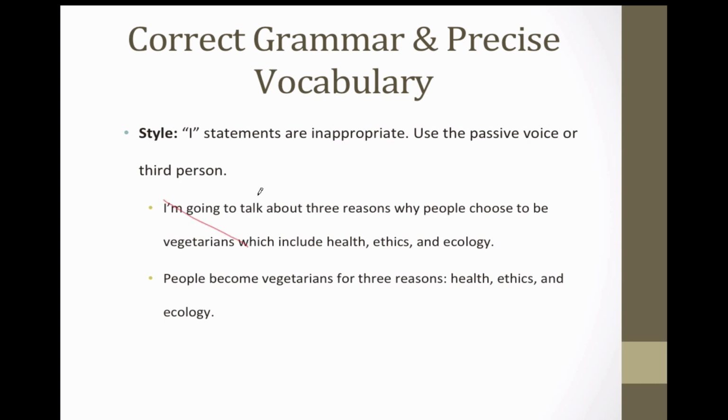Okay, this is bad. We don't want to say things like I'm going to talk about, I will discuss, I will show you, blah, blah, blah. Instead, it's better to use a third person. People become vegetarians for 3 reasons: health, ethics, and ecology. Okay, there we have no personalization. It's very formal, so this is better use of your grammar.